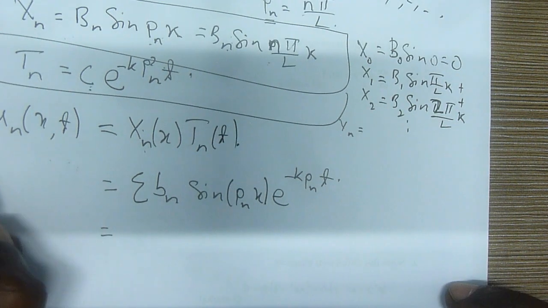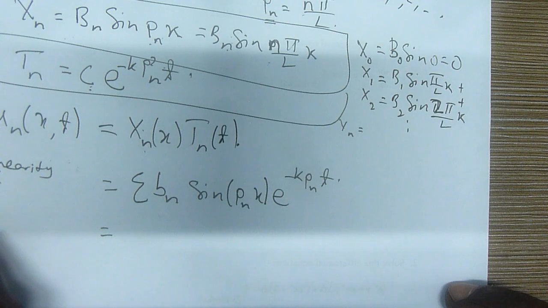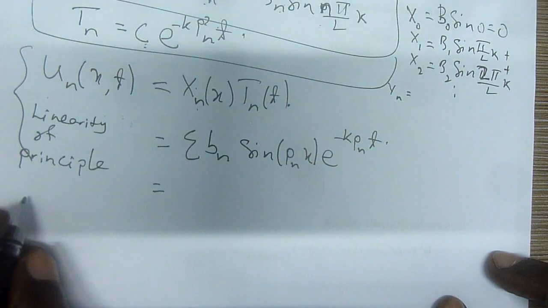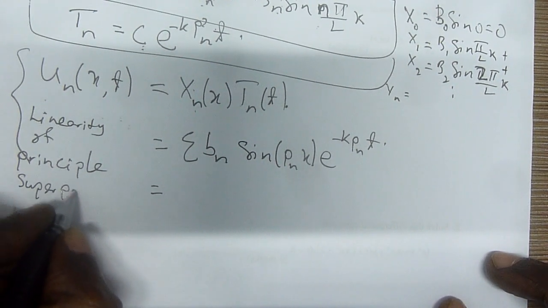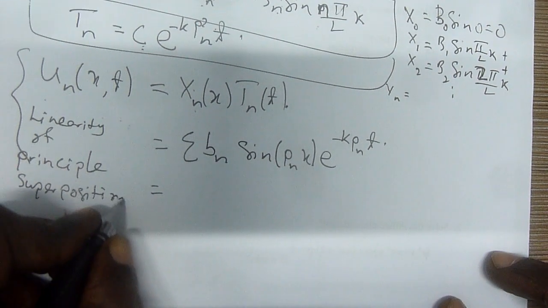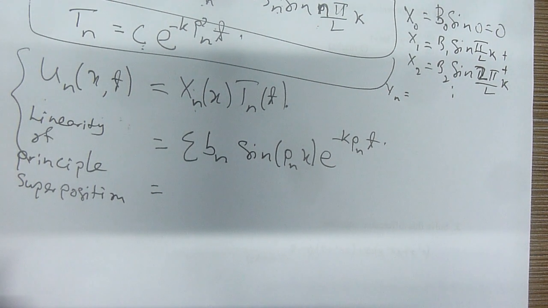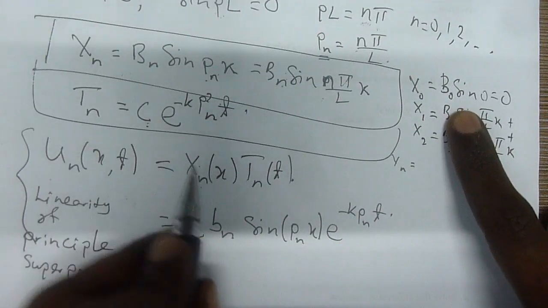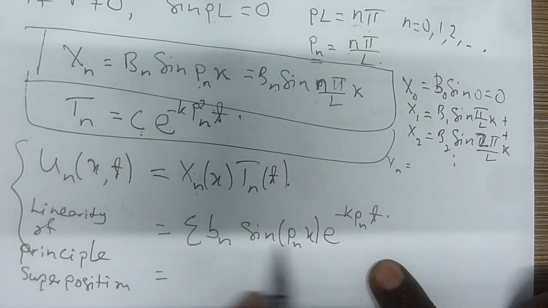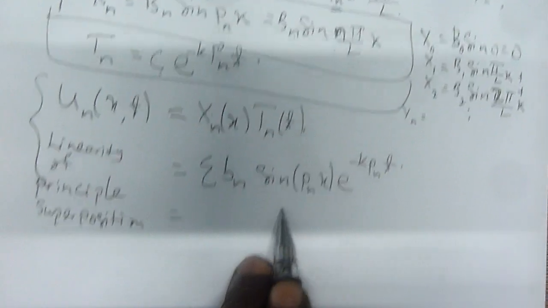This is the linearity principle of superposition. We can combine the whole solution. You see, the first one, the second one, all can be combined into one.